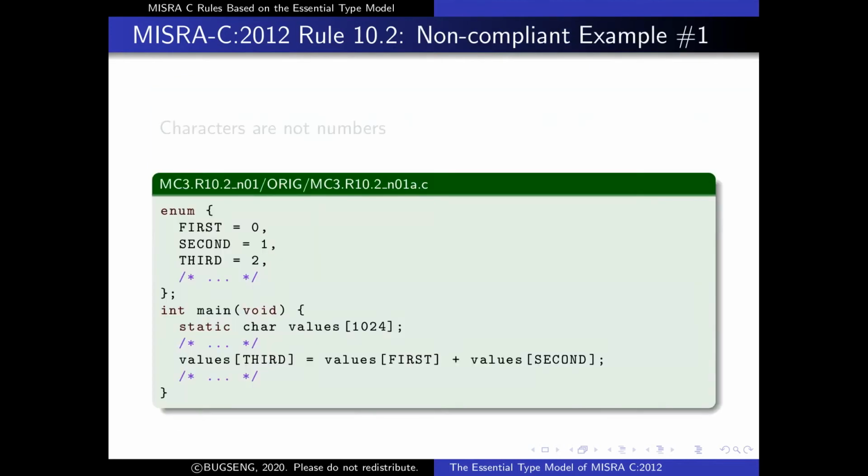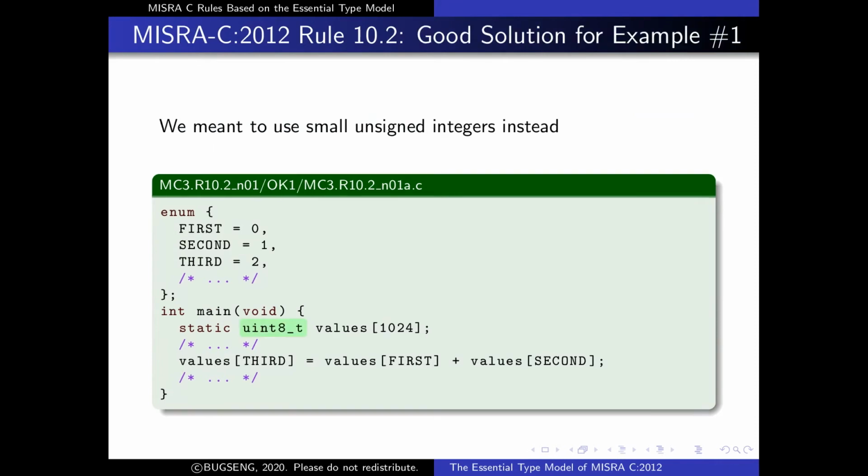And here's an example where we are violating this rule. The violation is due to the fact that we are using a plain character to hold small integers. However, characters are not numbers. So this is a violation.